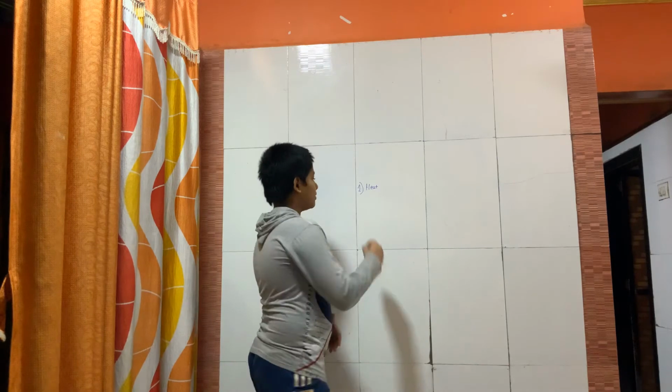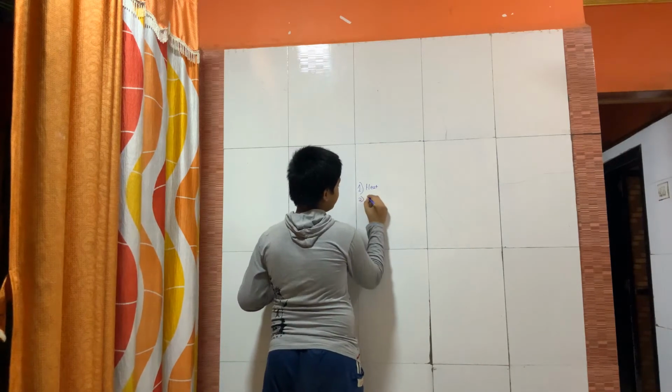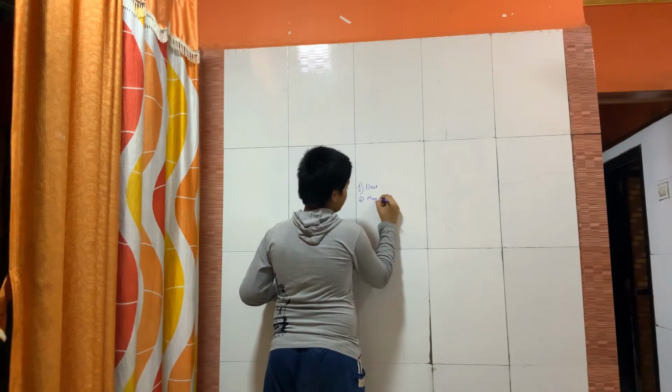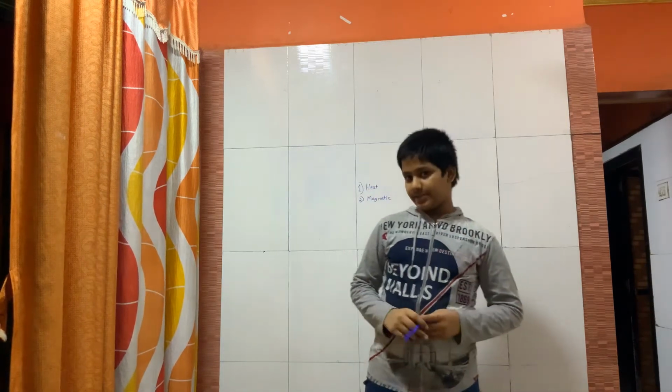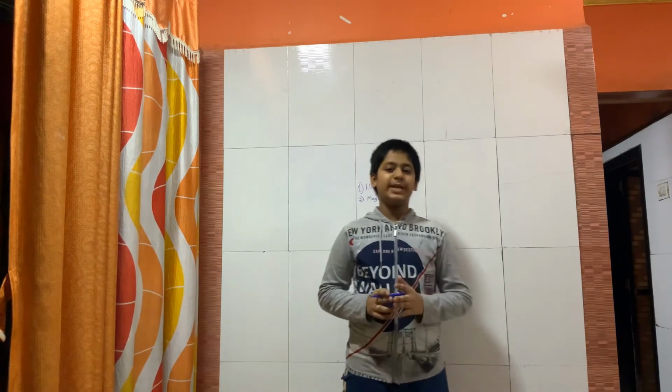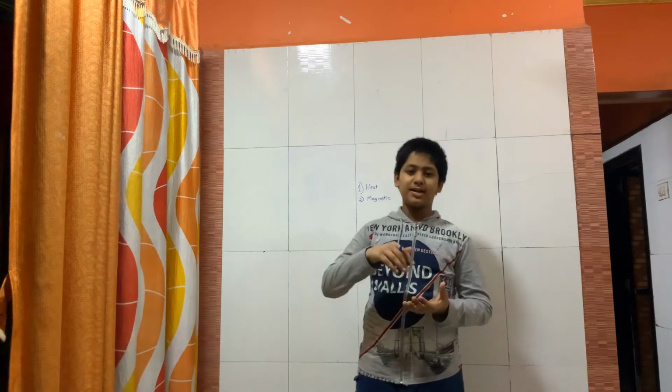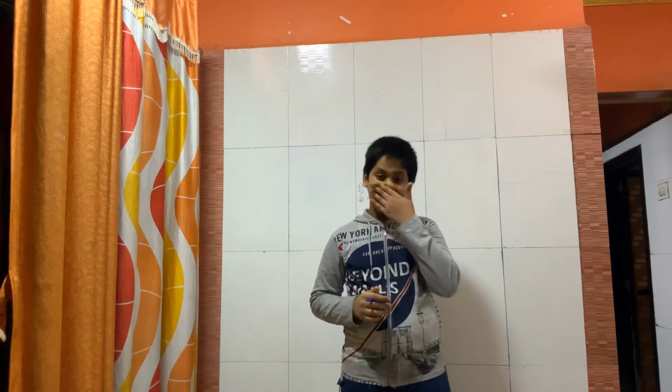Now the second one is the magnetic effect. Now you must have seen a compass, which shows the directions east, west, north, south. When you keep a magnet near the compass, it starts deflecting because of the magnet.